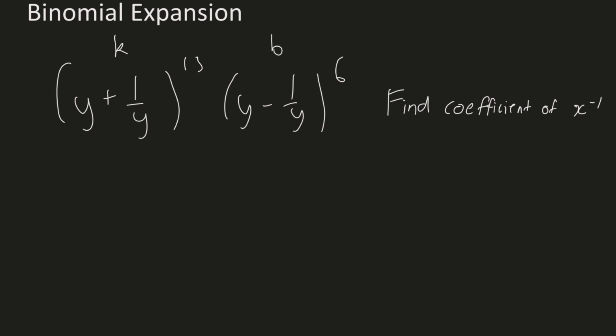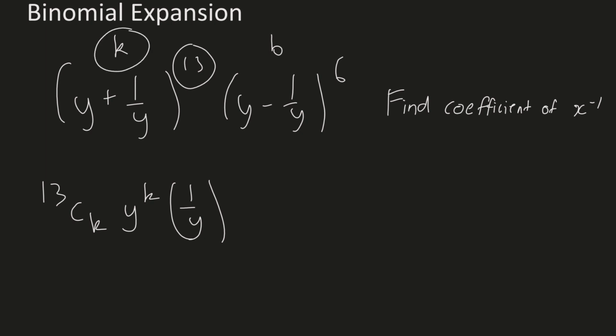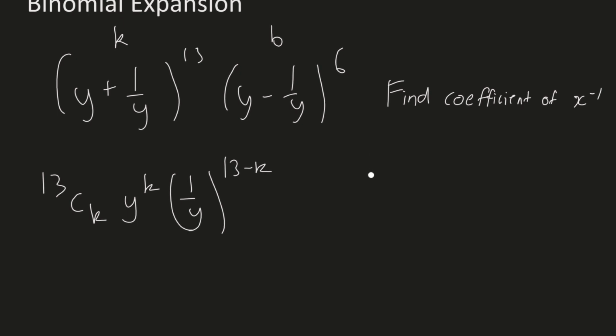So we're going to start with the degree of the first term, 13, choose your first letter, k, times y, the first term, to the power of k, times 1 on y to the power of 13 minus k. I'm just implementing the general term which you should have known for binomial expansion.